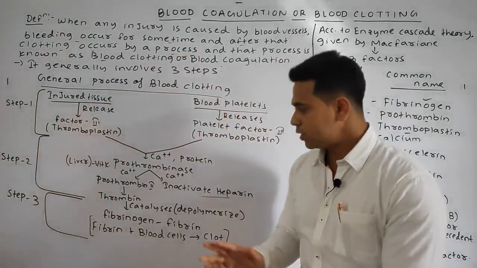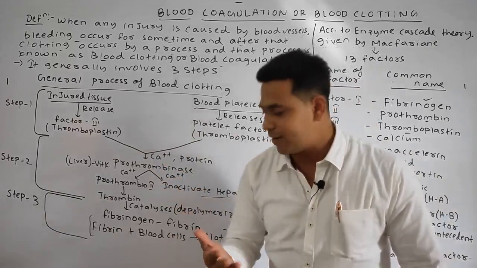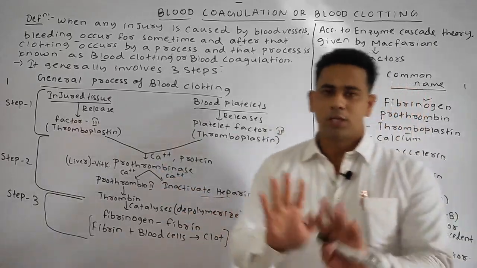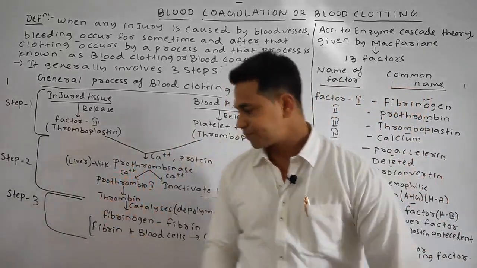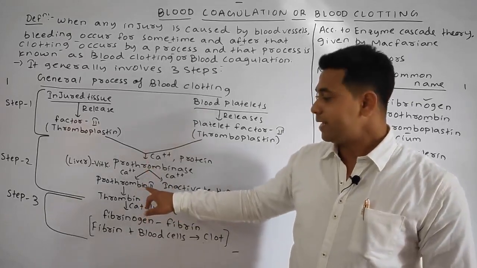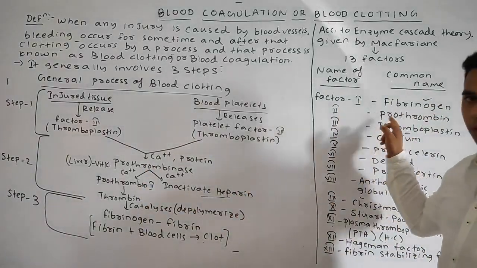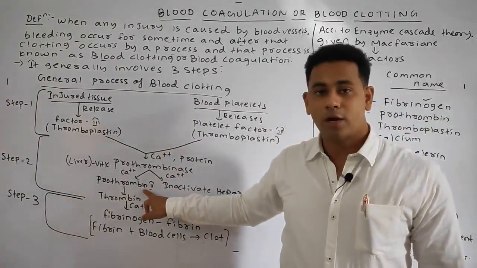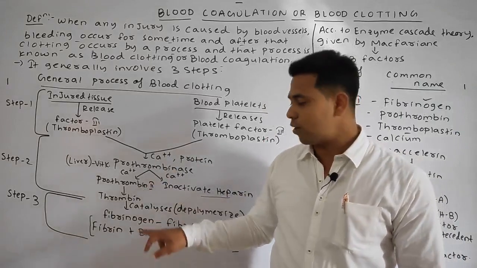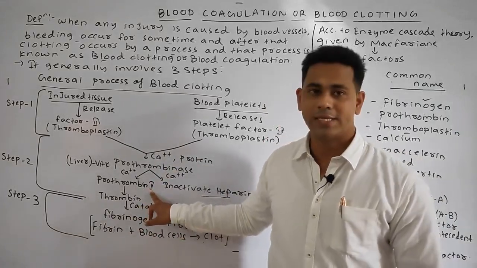So this is one function: the prothrombinase, in the presence of calcium, inactivates the heparin, by which clotting can now happen. Also, in the presence of calcium, it forms the inactive prothrombin, factor number 2, which will further be converted into the active form, called thrombin. This is step 2.